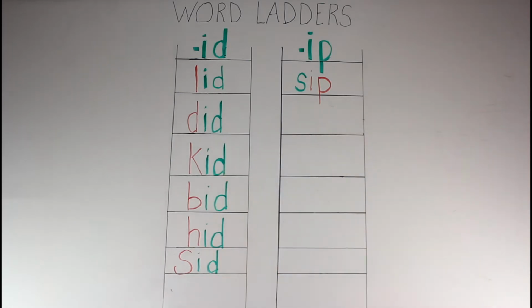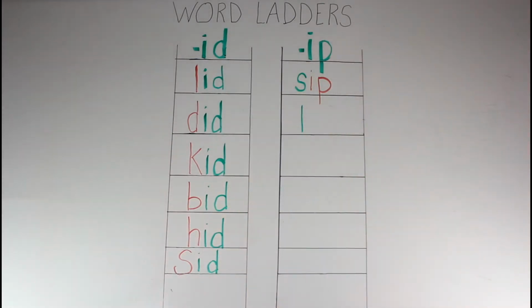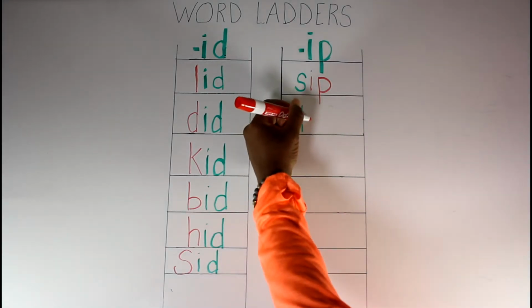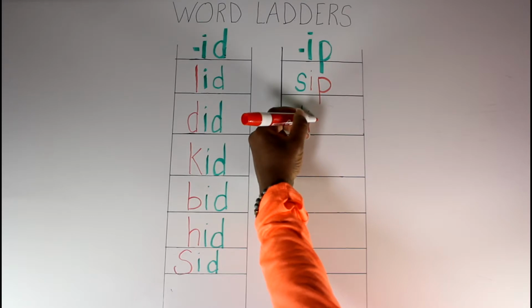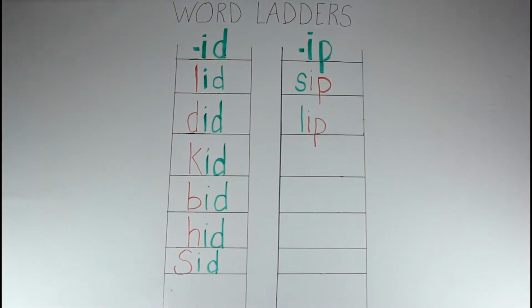I'm going to put an L up here. L says l, and we put IP, I, and P, and it says lip.